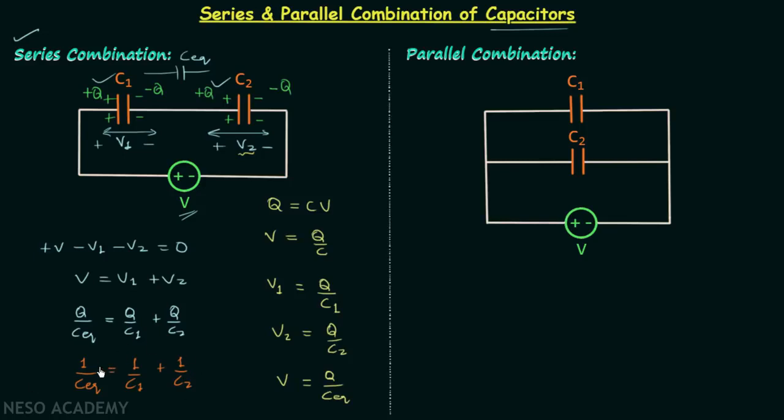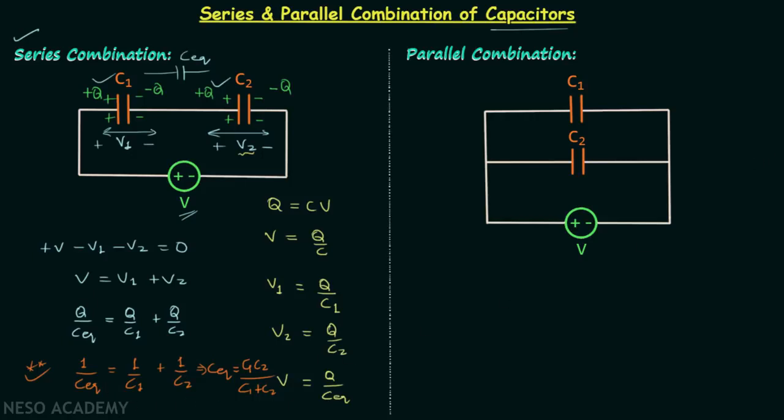So remember this result, and from here you can calculate the equivalent capacitance. It will be equal to C1 multiplied by C2 divided by C1 plus C2. So the formula we are getting for series combination of capacitors is something similar to the formula we had for the parallel combination of resistors.